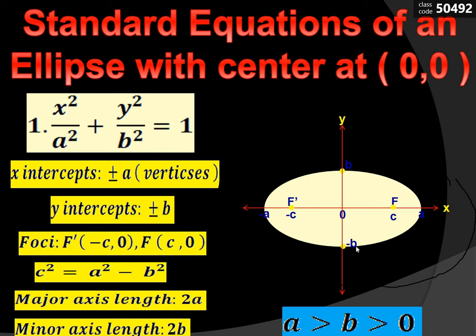There is the so-called F prime with negative c coordinate, and we have F here, the other focus, with the positive c coordinate. The endpoints of the ellipse are negative a and positive a, and vertically, this is positive b and this is negative b. So these are the basic parts of the ellipse.